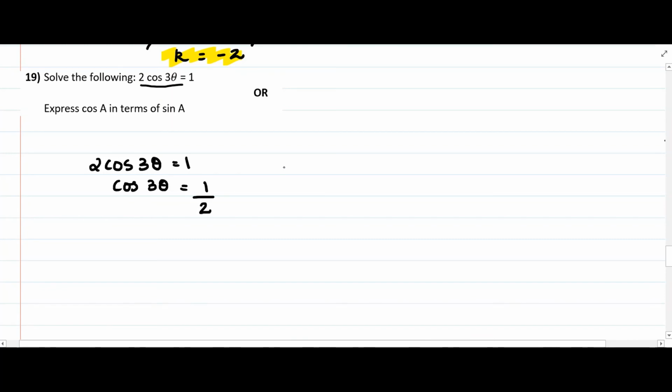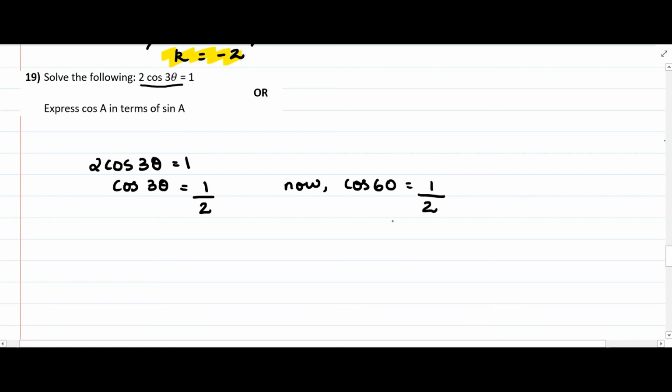Let's go to the 19th question. Solve the following. 2 cos 3 theta equal to 1. Okay, so cos 3 theta equal to 1 by 2. We are just taking the 2 to RHS. So you all know cos 60 is equal to 1 by 2.